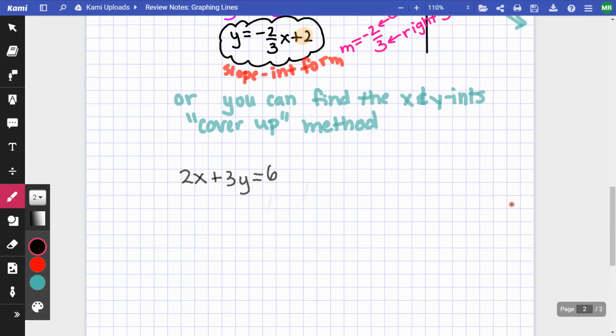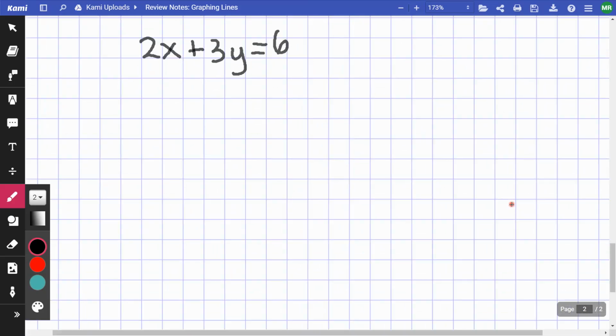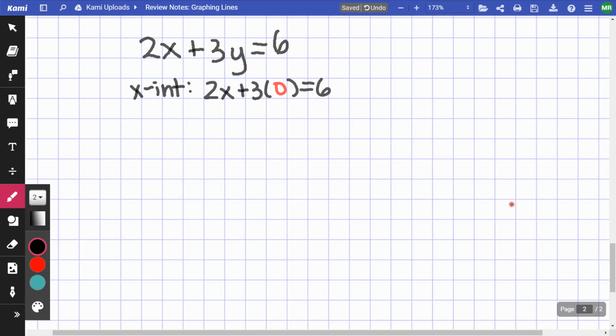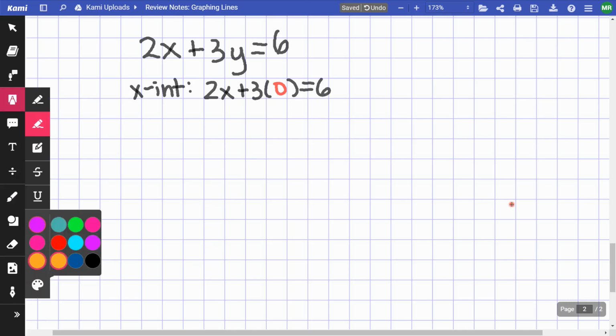Okay, so in this case, I'm going to try to find the x-intercept and the y-intercept. In order to find the x-intercept, I am going to put 0 for y. So I get 2x plus 3 times 0 is equal to 6. Now, this term right here is going to become 0, so you can think about covering that up.